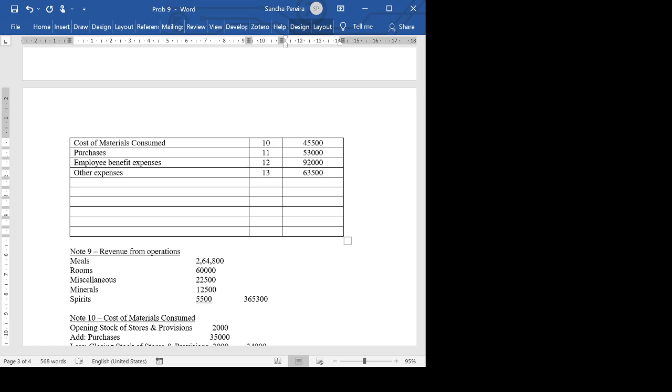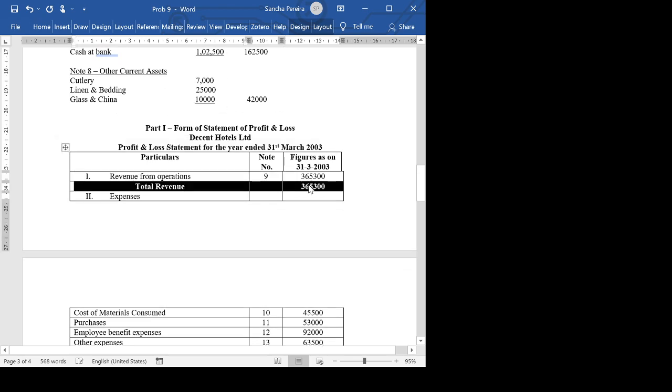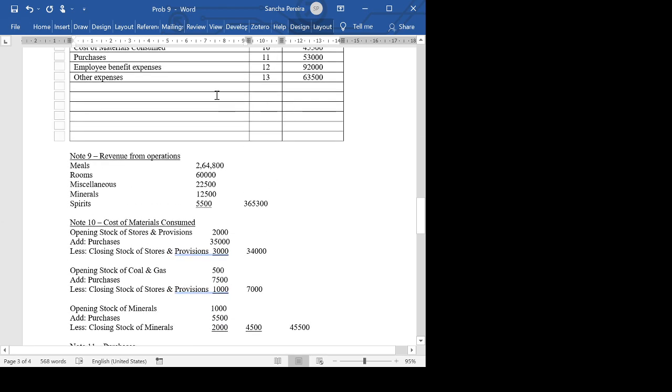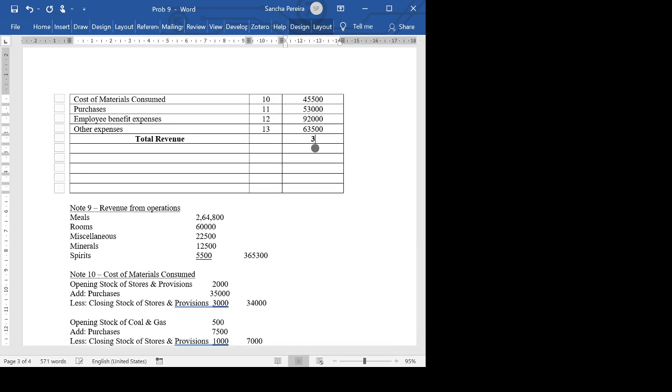This will give us our total expenses. Like how we have the total revenue, we'll have our total expenses. Total expenses would be the total of all this: 45,500 plus 53,000 plus 92,000 plus 63,500 comes to 2,54,000.